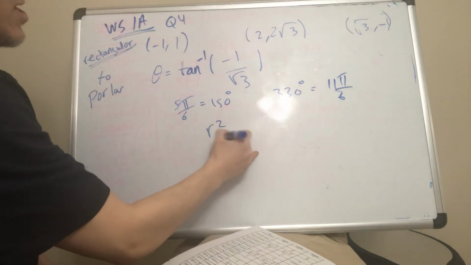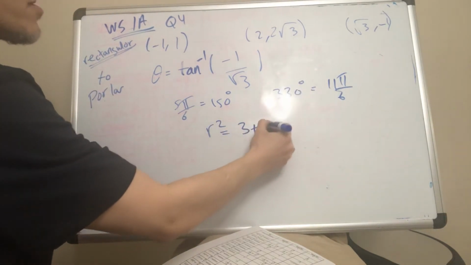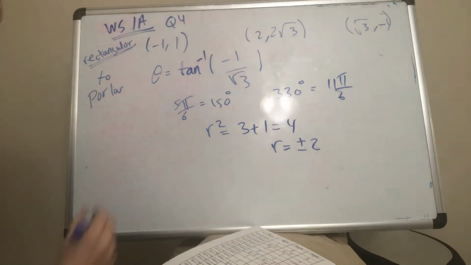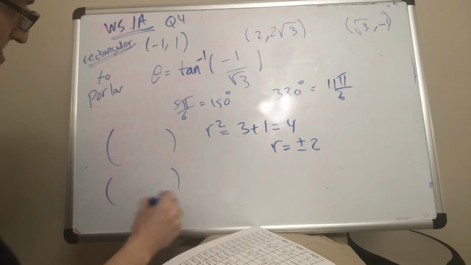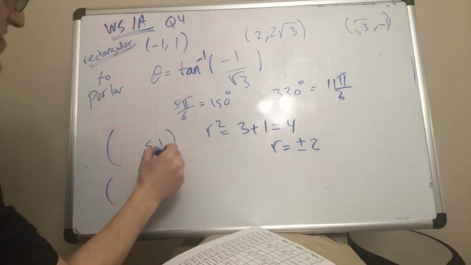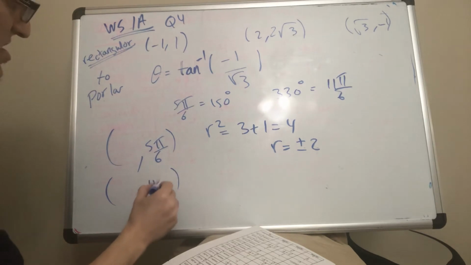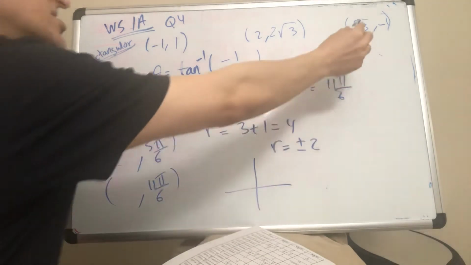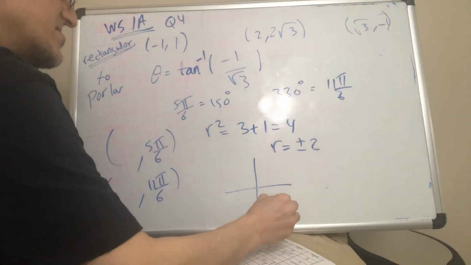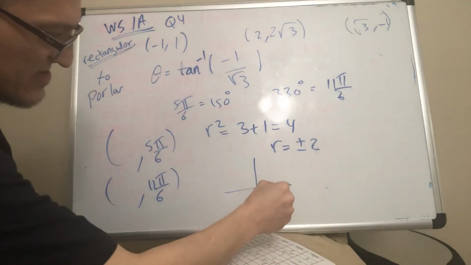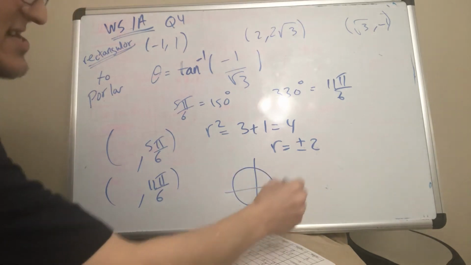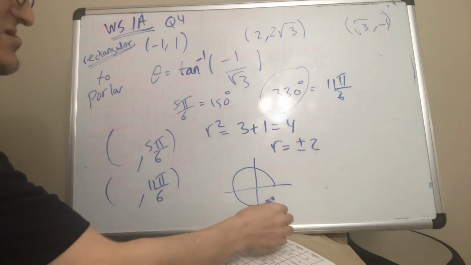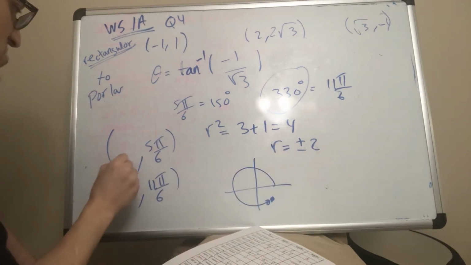You also do the r squared, x squared plus y squared, so r would be positive or negative square root of this. You go r, theta, you have 2 thetas, 5 pi over 6, 11 pi over 6. Let's find this point, positive, negative, this one here. You see, this angle here is a big angle, so it must be this one. So this one is the one that goes with it. So this one will take the positive, this one will take the negative.